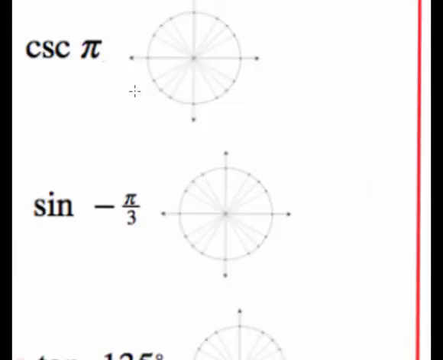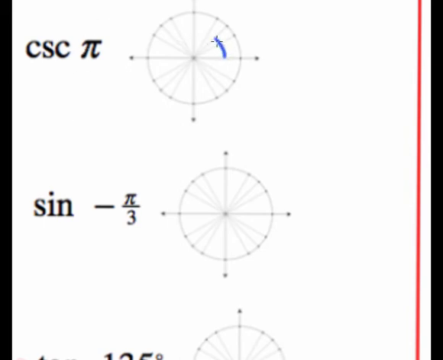All right, let's take a look at this one. Well, this one's just the cosecant of pi. Any of the angles that fall on one of the axes, whether on the positive x, positive y, negative x, or negative y, we don't have to go through all that work of finding the reference angle. These are actually pretty easy.